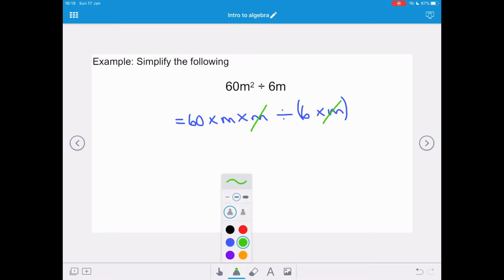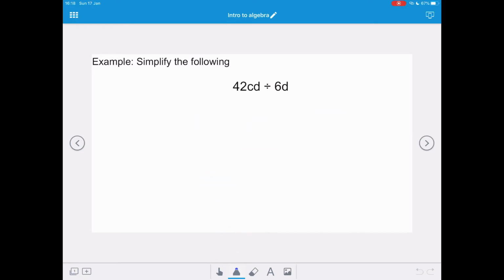And then we want to rewrite this as 60m divided by 6. And now we can simplify the numbers as well, because we can do 60 divided by 6 without a remainder, and that gives us 10m as our final answer.